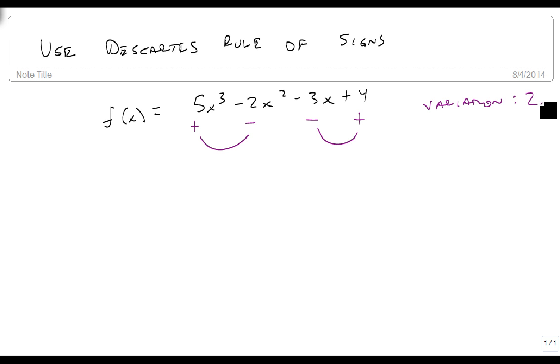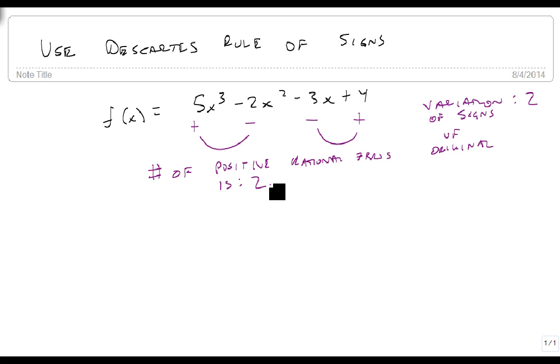Now here's what's really cool. What Descartes' rule of signs says is that the variation of signs of the original is how many positives you get. So the number of positive real or rational zeros, let's write it that way, is 2 or less than that number by 2 each time until we either get to a 0 or a 1.